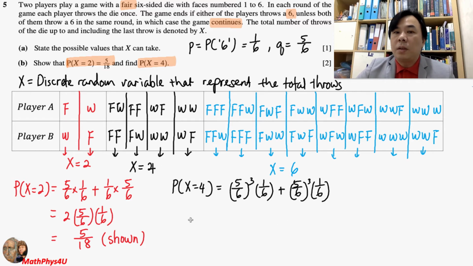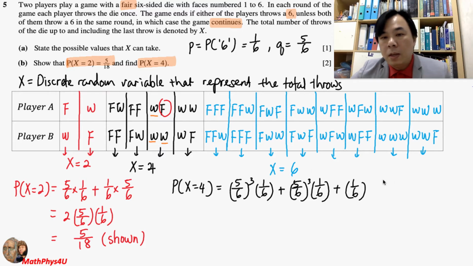Now there's the second possibility. The third possibility will be a win 3 times. You can see that here, 3 times here. Let me just label that. 1, 2, 3. 3 win, and then 1 failure. This part is 1 failure here. So therefore, 3 win, and then 1 failure.